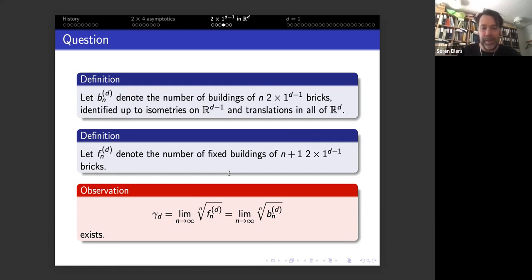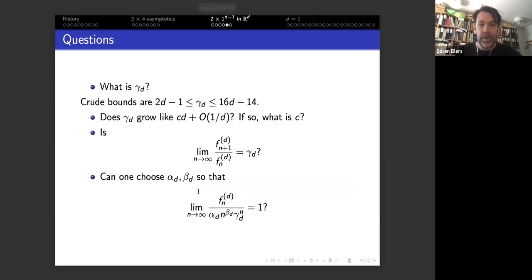And just like before, we can make sure that this number exists. And now I would like to know it, right? So what is the number and how does it vary with D? I think that's an interesting question. You can make some very crude bounds. And the thing that I would like to know is, for instance, does it grow with the dimension in a linear way?